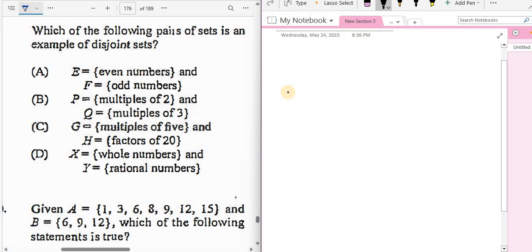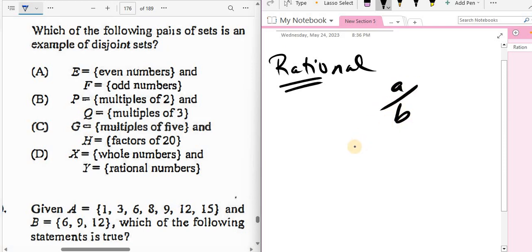The question is, what are rational numbers? Rational numbers are any numbers that can be written as a ratio. And the ratio must be A over B, where A and B are members of the set of integers. So it must be written as a fraction first off. When we have a ratio, we think about a fraction, right?